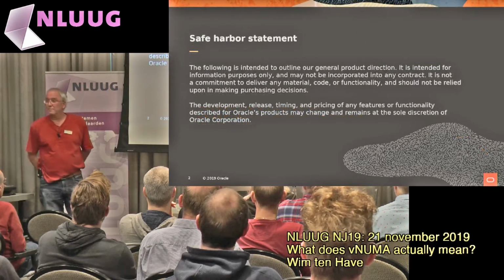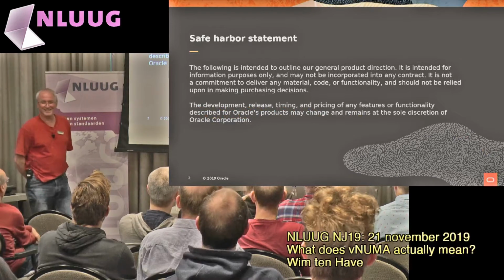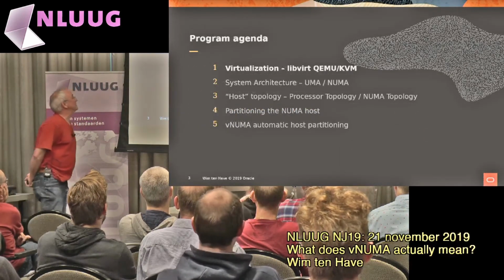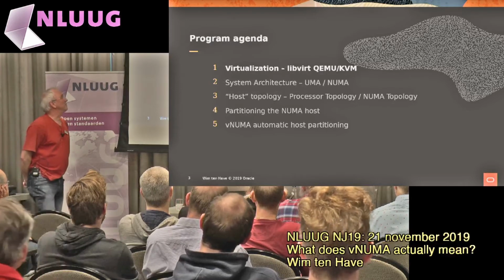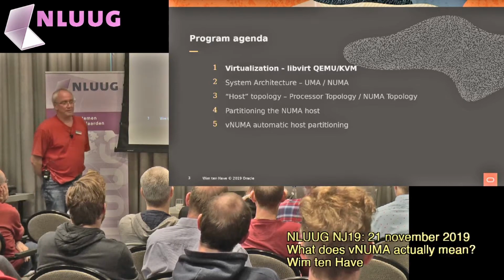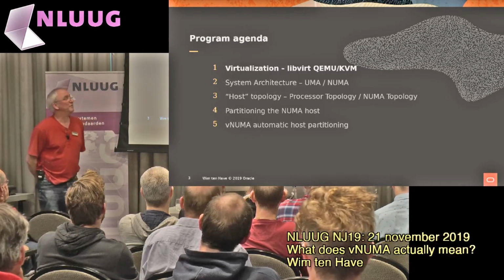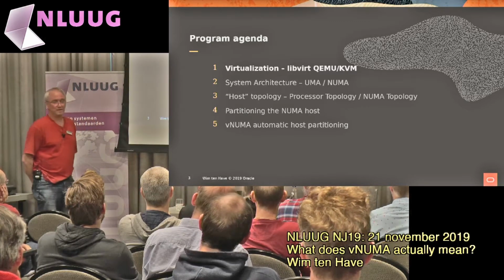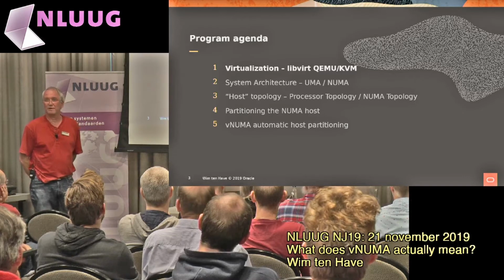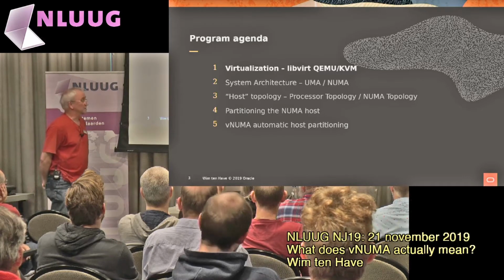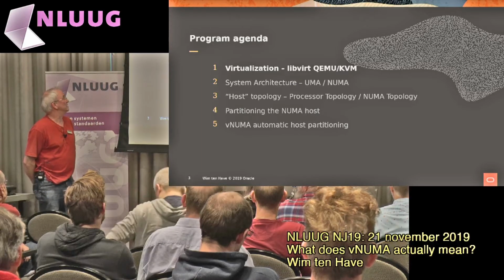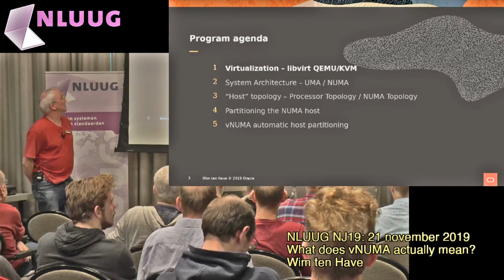This is not my slide, but it is a slide. So this is the agenda. Before I go into what vNUMA actually means, or what it is good for, I'd like to talk a little bit about virtualization, system architectures, uniform memory access and non-uniform memory access.